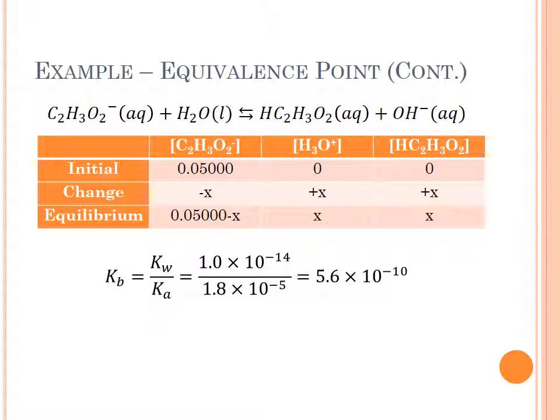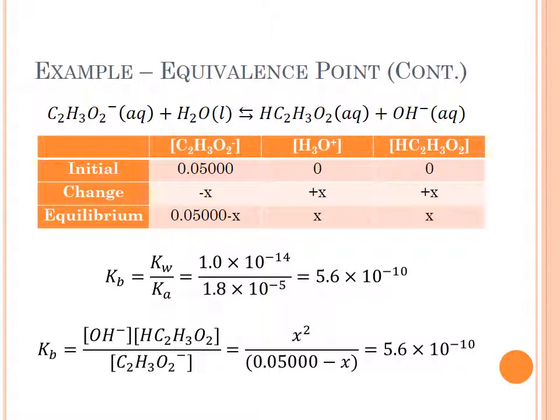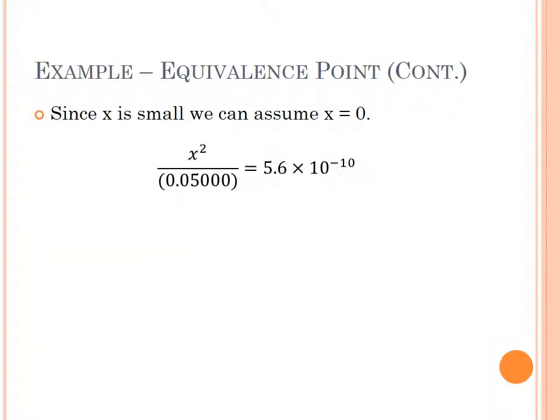Now we just solve it. Kb is equal to hydroxide times acetic acid divided by acetate, or x squared divided by 0.05 minus x equals our Kb, 5.6 times 10 to the negative 10th. Again, we're going to get rid of minus x by assuming it's negligible, and say x squared divided by 0.05 equals 5.6 times 10 to the negative 10th.